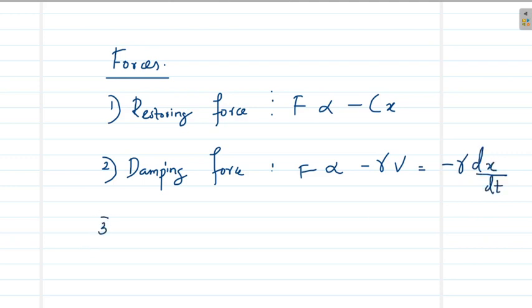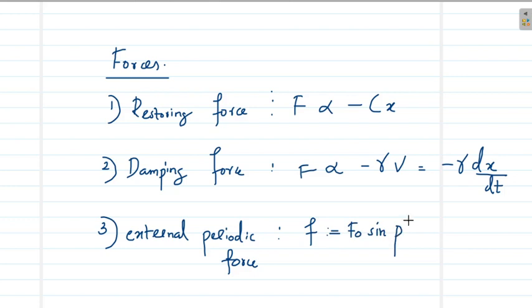Now thirdly, since this is a forced harmonic oscillator, there should be some additional force, which is the externally applied periodic force. That force, F, can be written as equal to F0 sine pt.